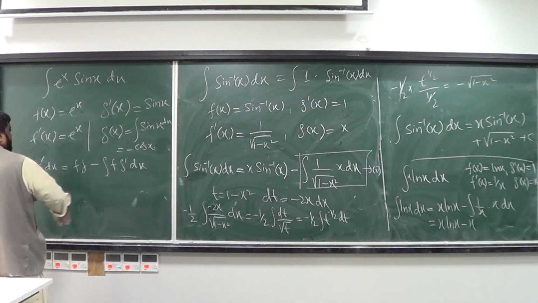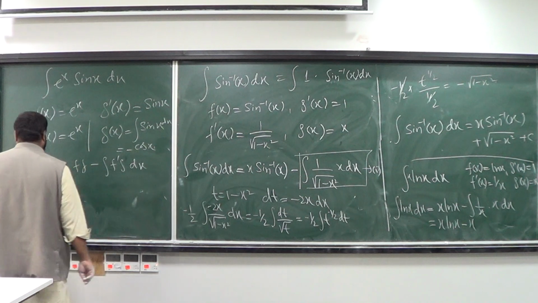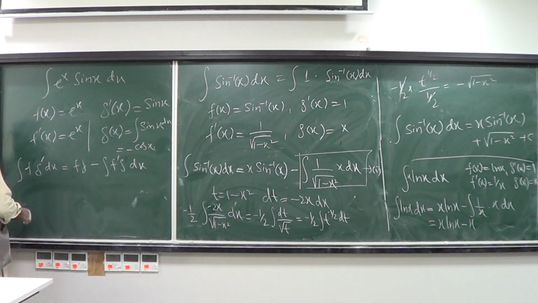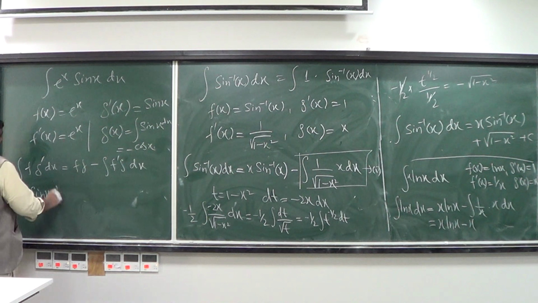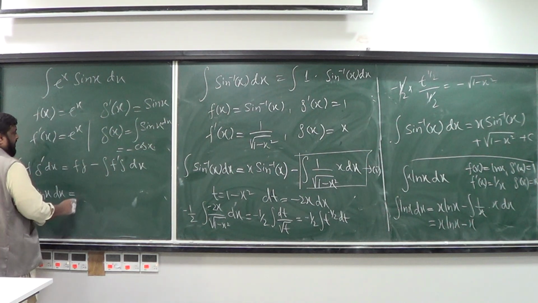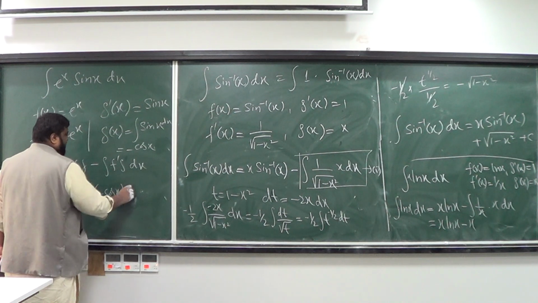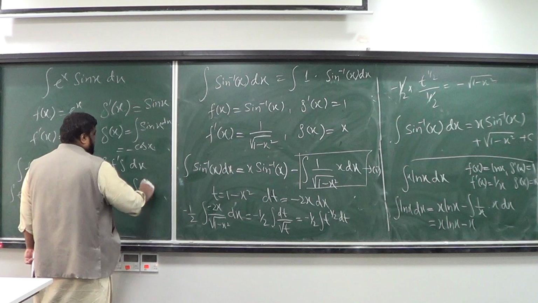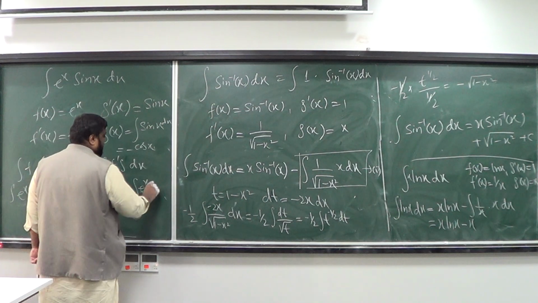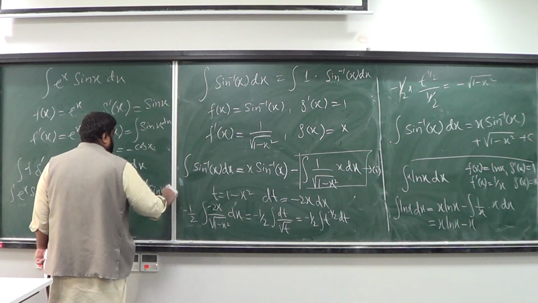If you have f g prime, you're going to have f prime g. And now I can make the substitution. The integral of e to the x sine x dx equals f g, e to the x negative cos x, minus f prime, which is e to the x, times sine x, dx.